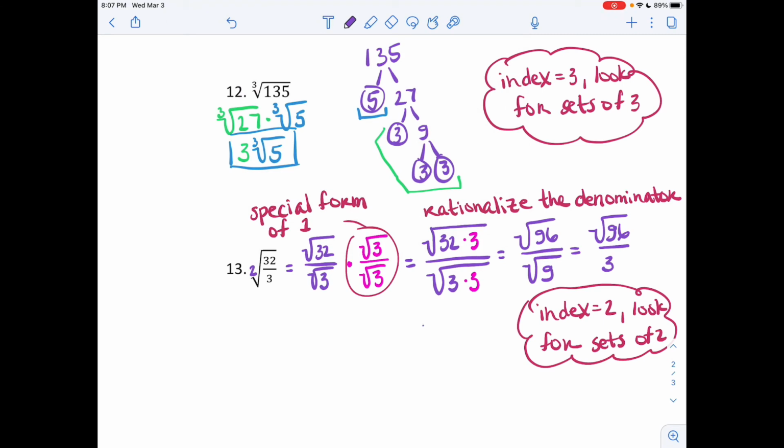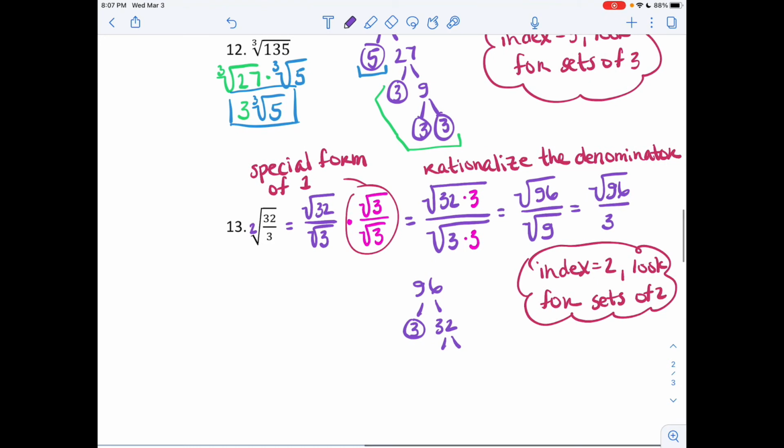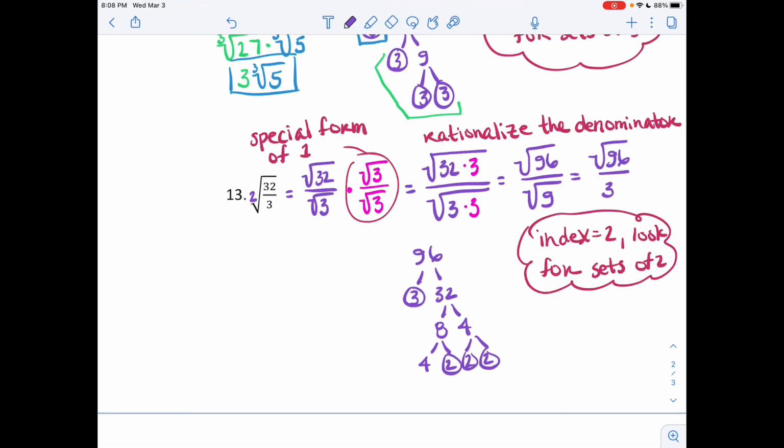So let's take 96 and break it down. 96 can be broken down into 3 and 32, and 3 is prime. 32 can be broken down into 8 and 4, and I got to keep going on both of these. 8 can be 4 and 2, and 4 is 2 and 2. Finally, I need to take care of this last 4 and make it a 2 times 2.